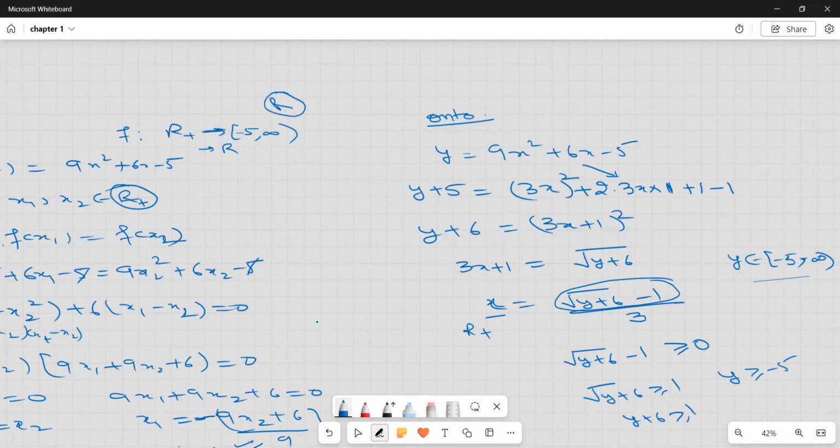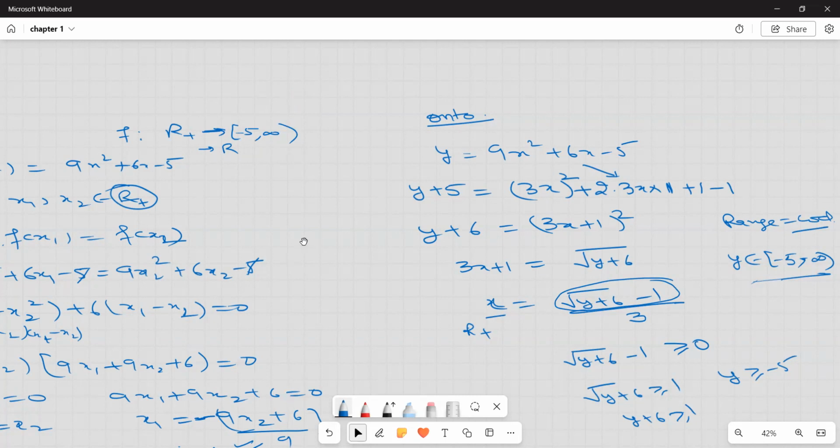That if we change the codomain from R to this, minus 5 to infinity, we will get onto. Okay? And here what will you write? As it is already R plus to minus 5 to infinity, as range is equal to codomain, therefore f is onto. Clear?